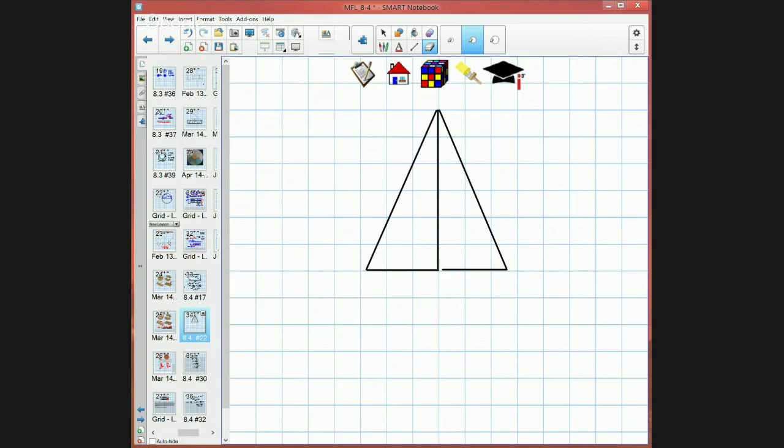Supported by 2 cables attached to points on the pole 15 feet above the ground. So what they're telling you is this vertical height is 15 feet. And to points on the ground 8 feet from the foot of the pole. So that's 8 feet, that's 8 feet.